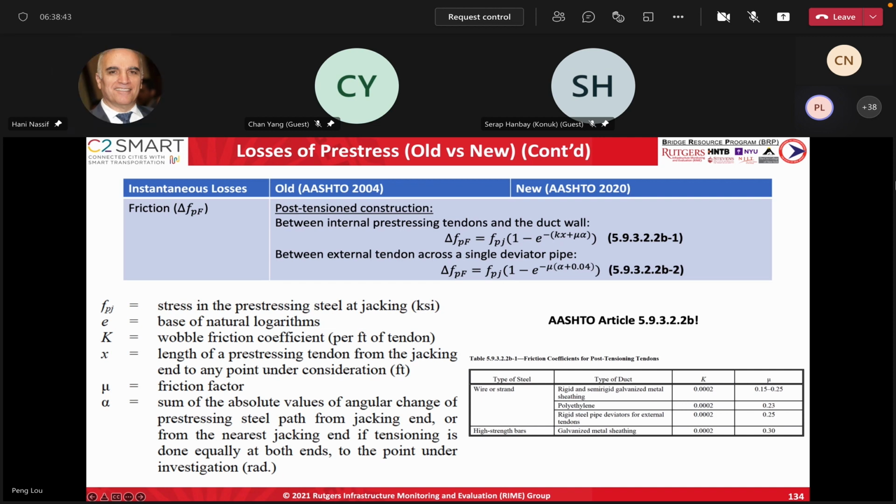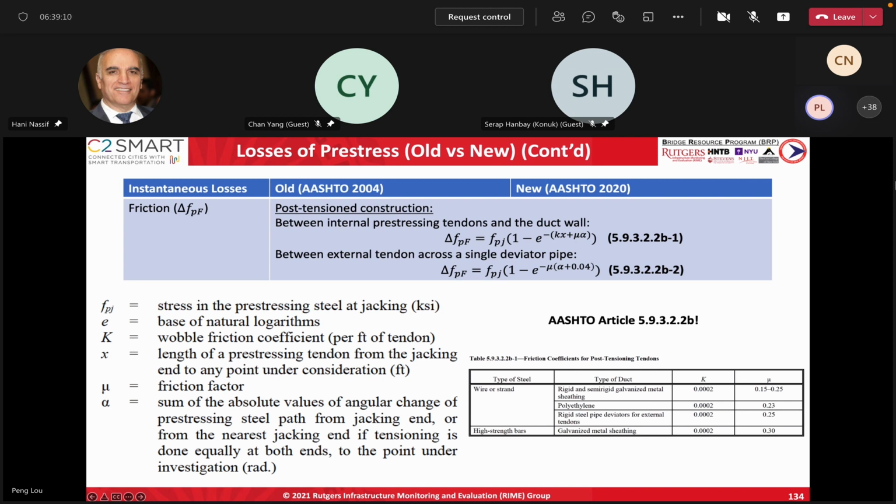So basically, those equations depend on the stress in the pre-stressing steel at jacking, because this is before the instantaneous losses. So you will need that, at jacking before the transfer. And the second one, you need the friction coefficient, where the unit is per foot of tendon. And also one more important is a friction factor that you need.